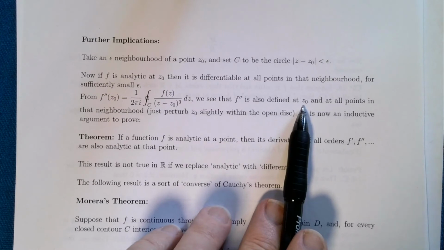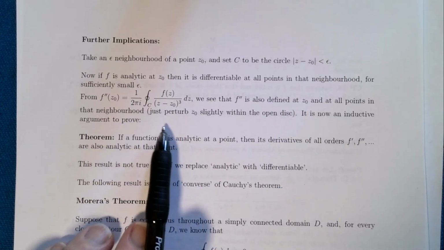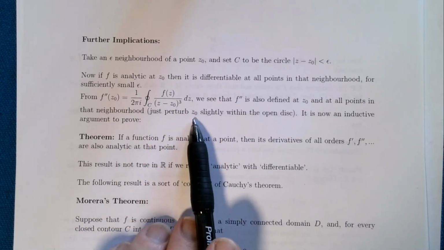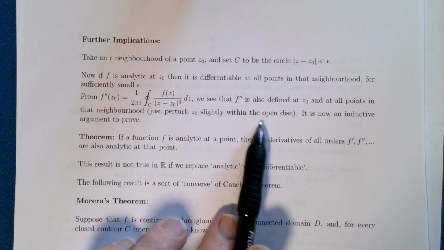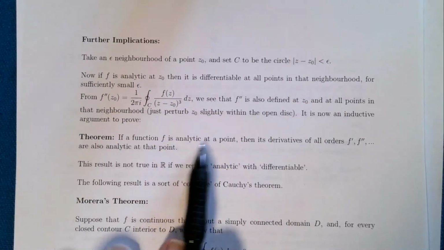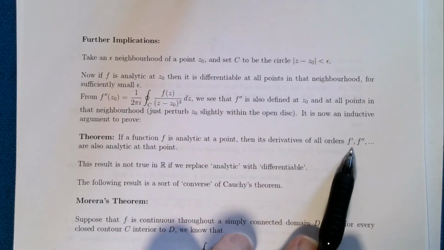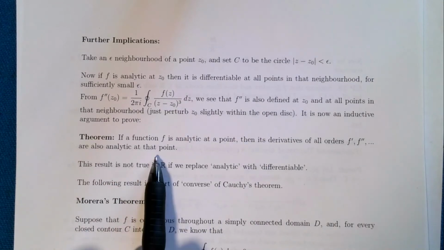And at all points in that neighbourhood, we simply perturb z0 slightly within the open disk. You can now give an inductive proof of the following, that if f is analytic at a point, then its derivatives of all orders, f dashed and so on, are also analytic at that point.